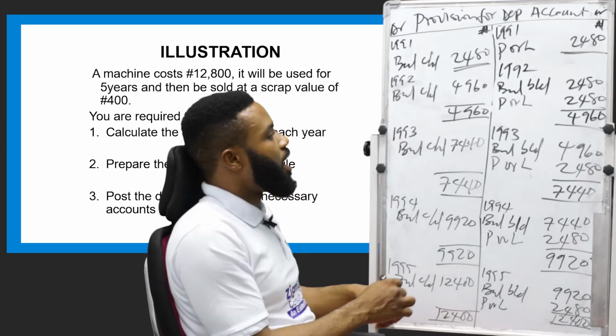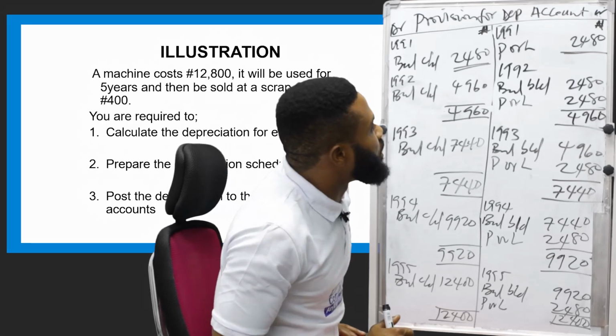This is how to prepare your provision for depreciation account.